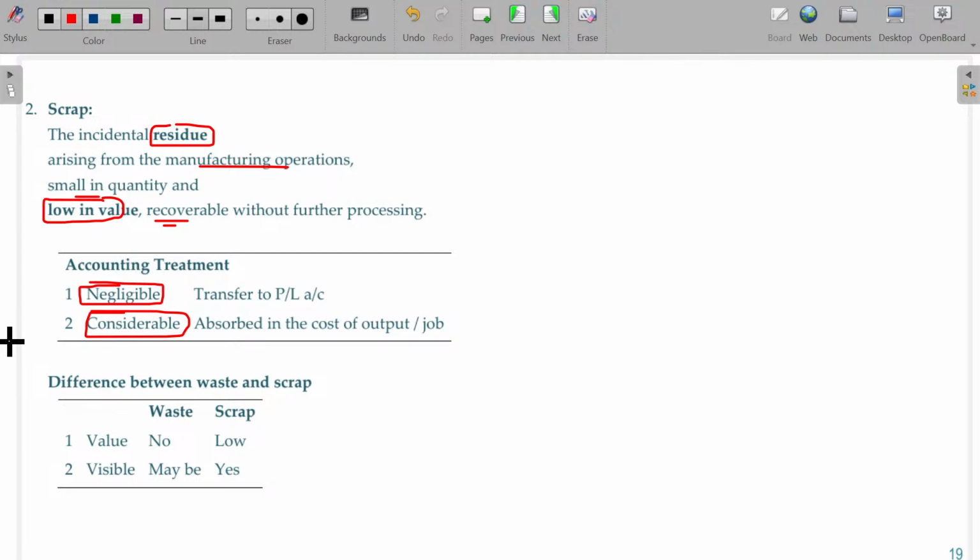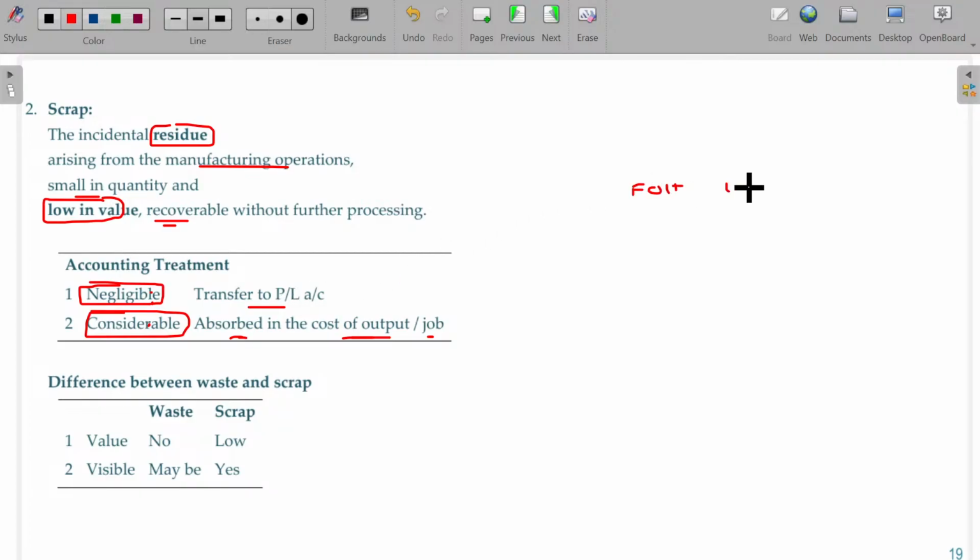What do you do in case of cost sheet preparation? Any scrap realized in the manufacturing process is subtracted from the manufacturing overhead, right? So any considerable amount will be absorbed into the cost of output and job. That cost will be adjusted there. If the value is negligible, simply you can transfer it to the P&L account. Clear? That is small revenue.